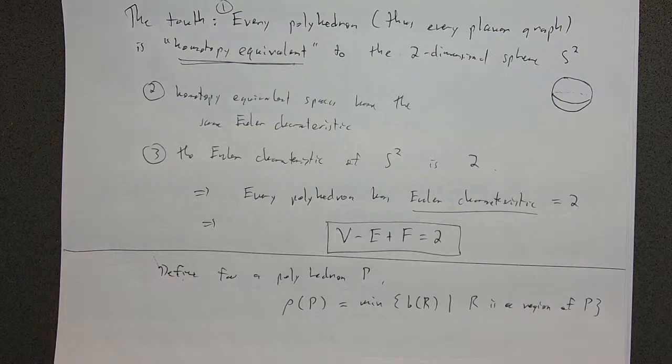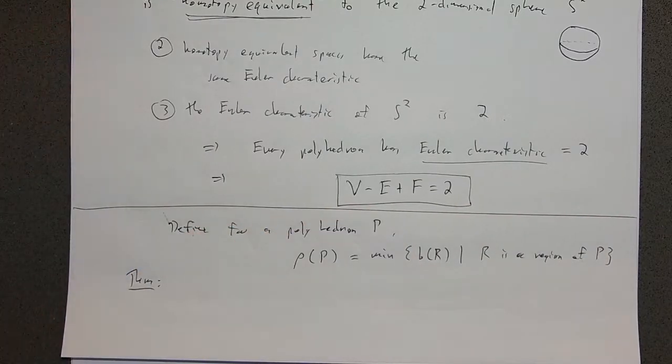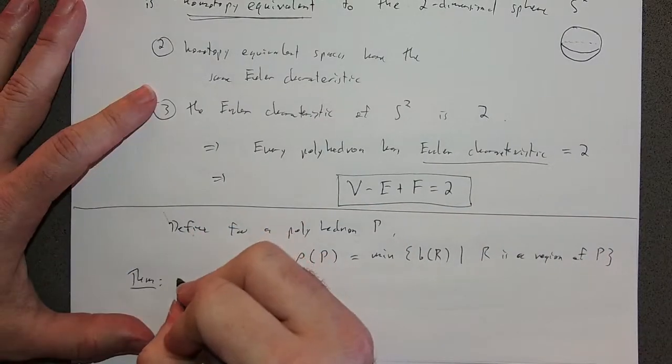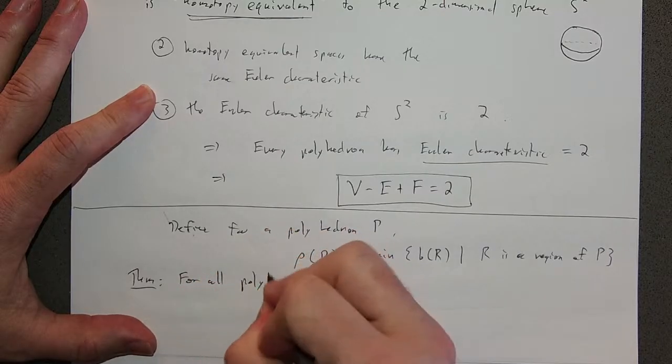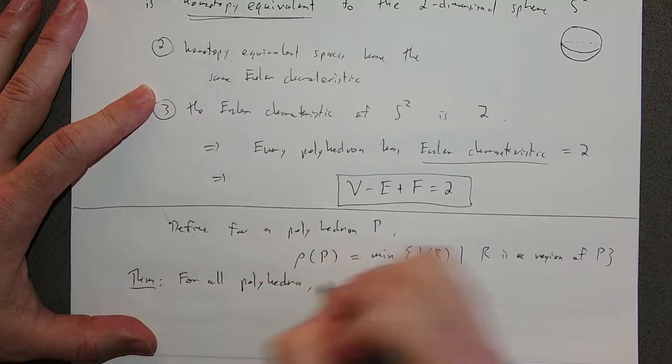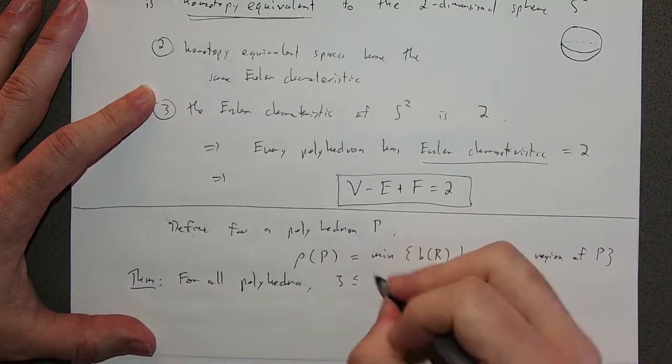The theorem is that for all polyhedra, this is between 3 and 5.